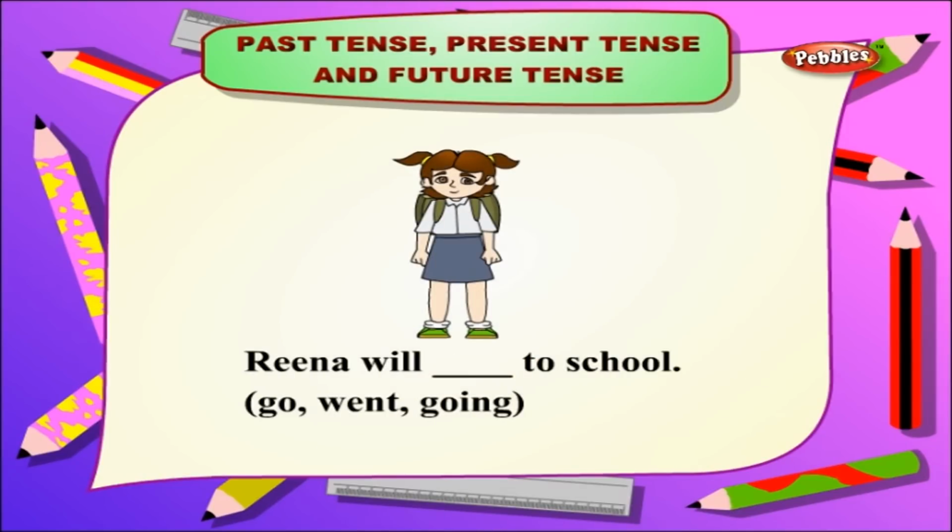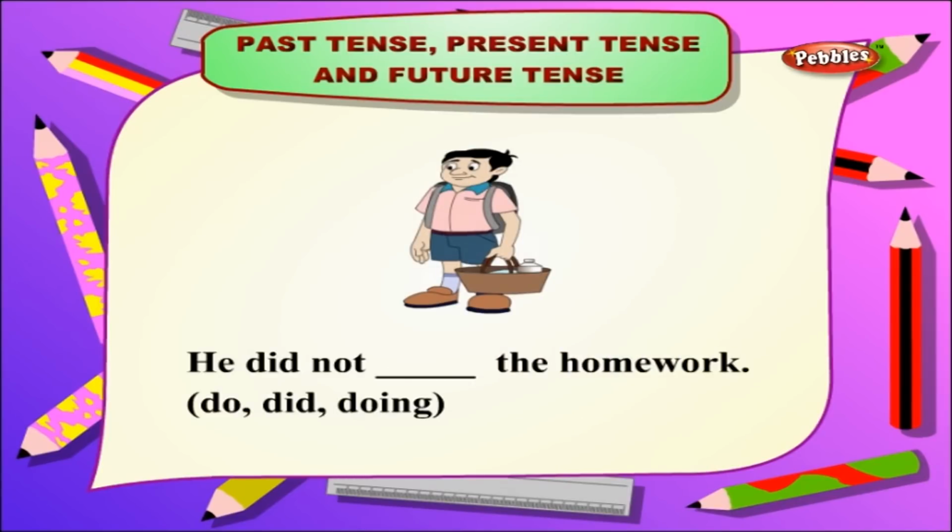Reena will dash to school. Go, went, going. Reena will go to school. He did not dash the homework. Do, did, doing.